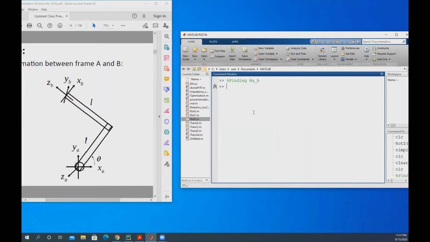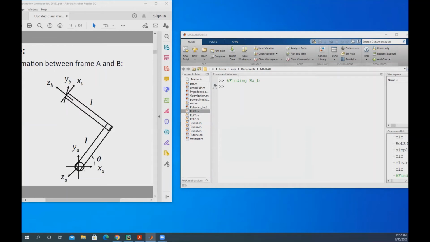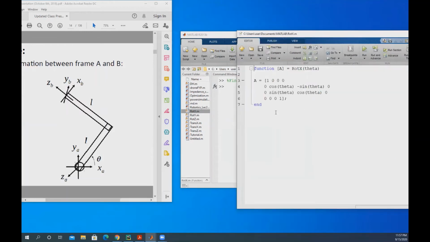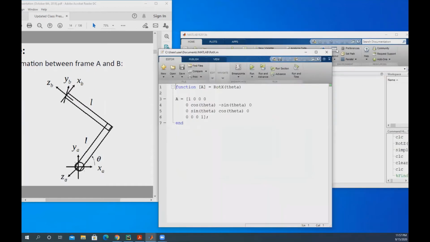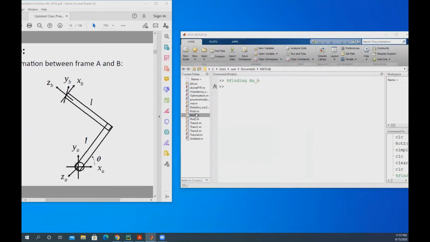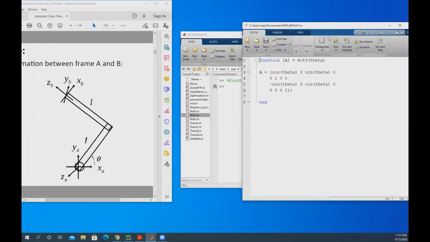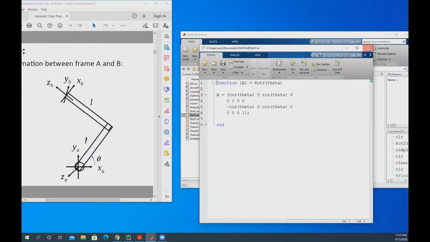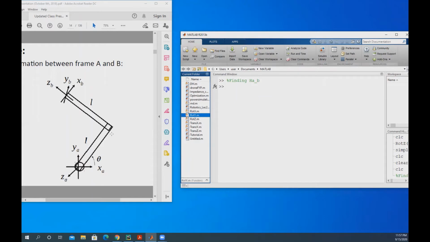In my workspace, I have already defined my rotation matrices. This is the rotation transformation about X, which we described last time. So now I have all of them: rotation about X, rotation about Y, which I bring here, and rotation about Z. All of these are from my slides.